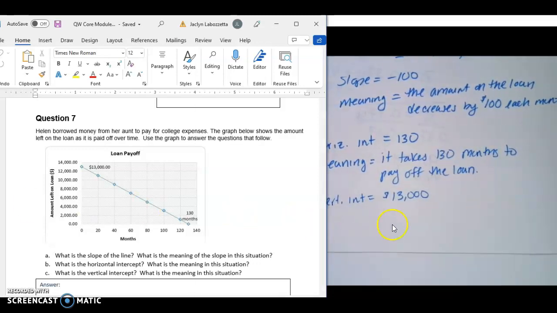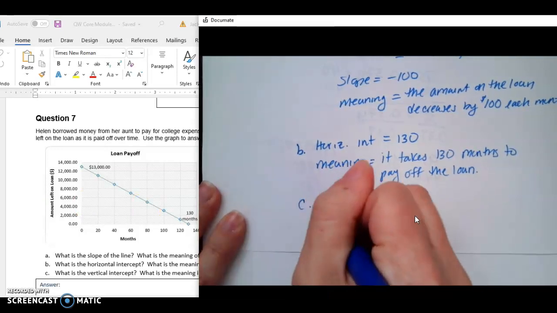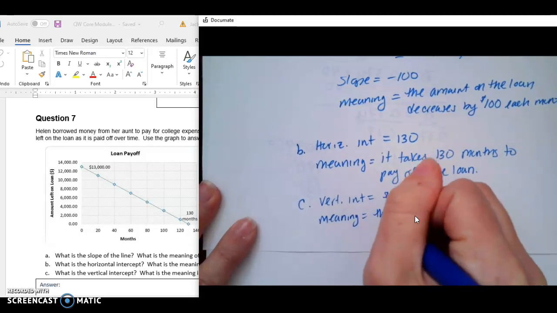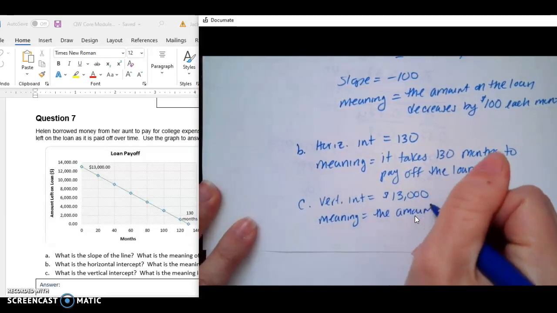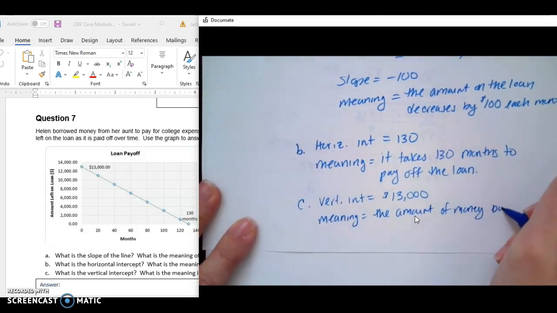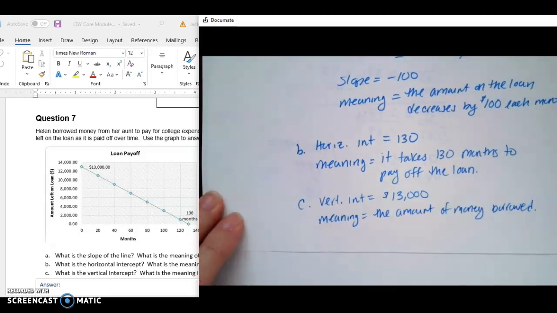In this situation, this is the amount of money borrowed. So the vertical intercept is usually the starting amount in that situation. So in this situation, you start that loan, it's the amount of money that you borrowed initially.